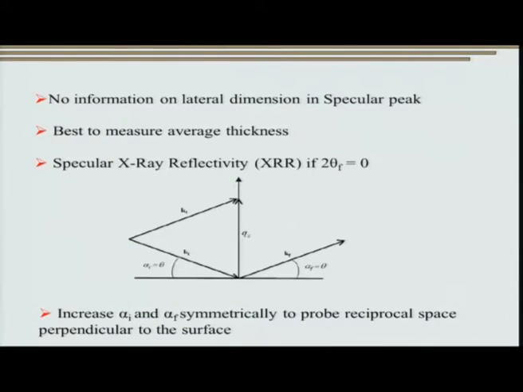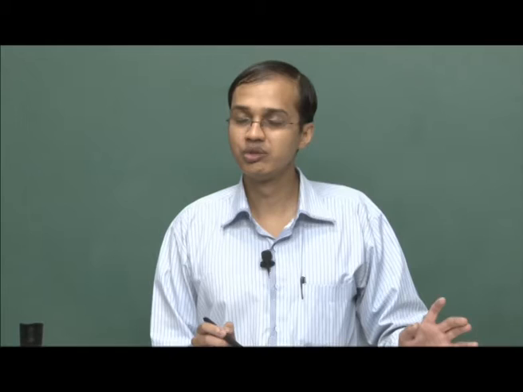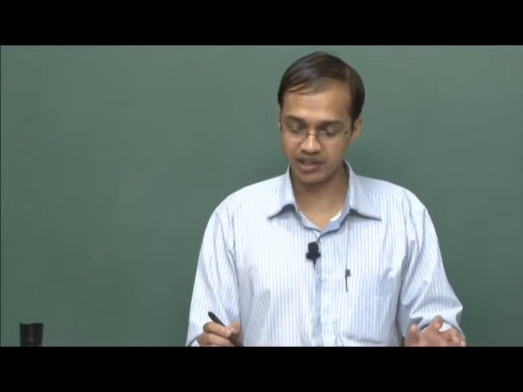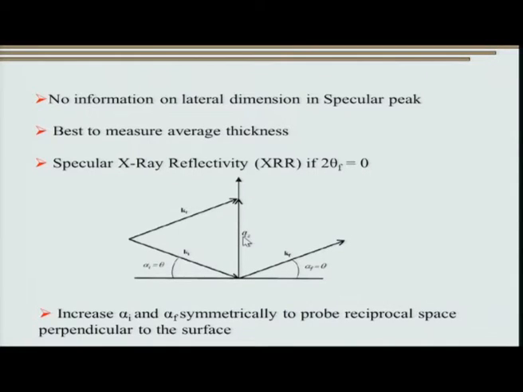Essentially this is achieved using, and this figure shows a very nice way, wherein you increase alpha and alpha f symmetrically to probe the reciprocal space perpendicular to the surface, and while doing that you have to ensure that your 2 theta f is actually 0, so that all the information that we are getting is only along the z.